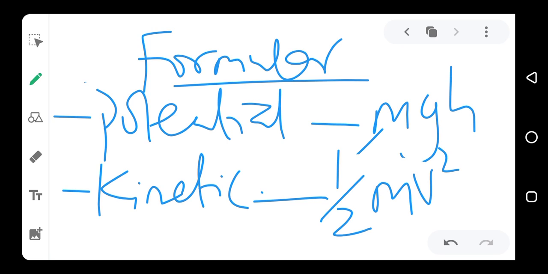This v here is speed, or what we call velocity. Speed is the same thing as velocity. So it's either they call it speed or they call it velocity. Now m is the mass of the object. So the formula for kinetic energy is half mv squared, that is half mass times speed or velocity squared.